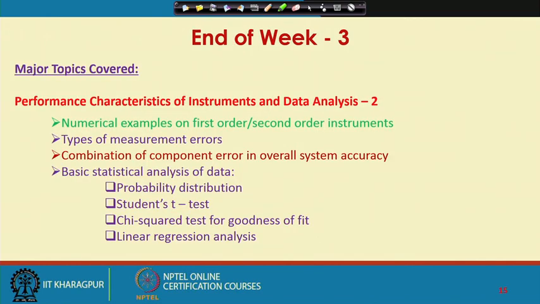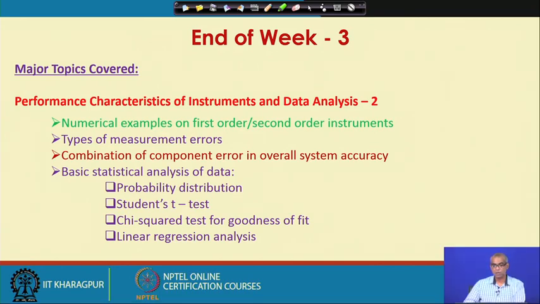So, this is the end of week 3. We have covered performance characteristics of instruments and data analysis part 2, that was the major topic, under which we have talked about numerical examples on first order and second order instruments. We have taken examples of thermometer as a first order system, we have taken U-tube manometer as a second order instrument, and we have analyzed them. We have talked about types of measurement errors.